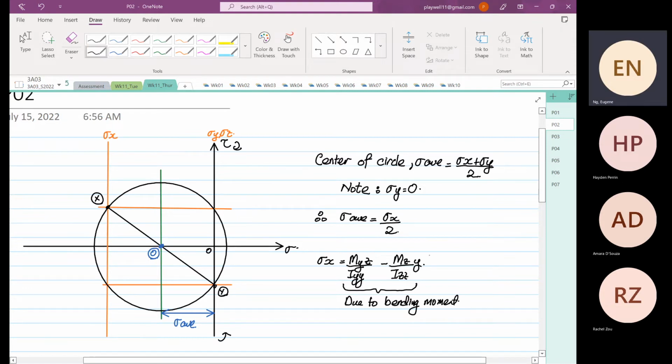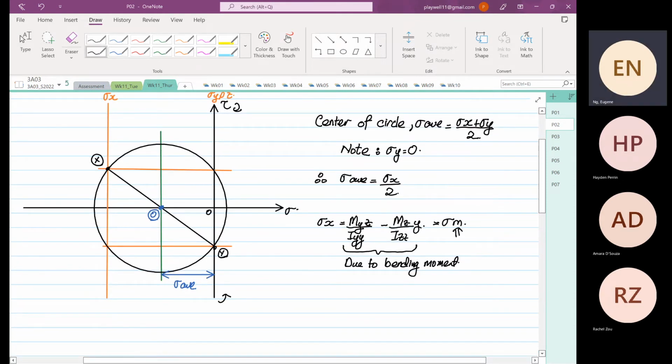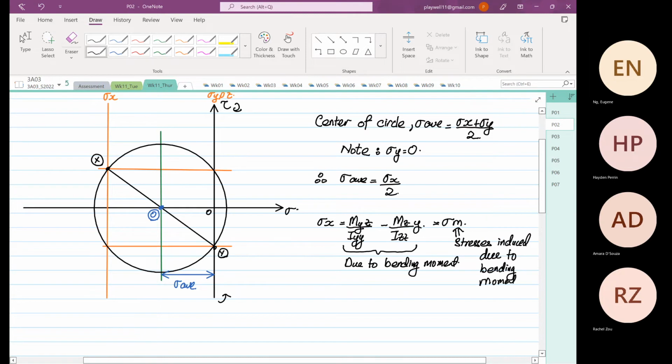So what we tend to do is we also call this stress small m. Okay, so m over here is a stress induced due to bending moment. I circle the word m down here, let me write properly.